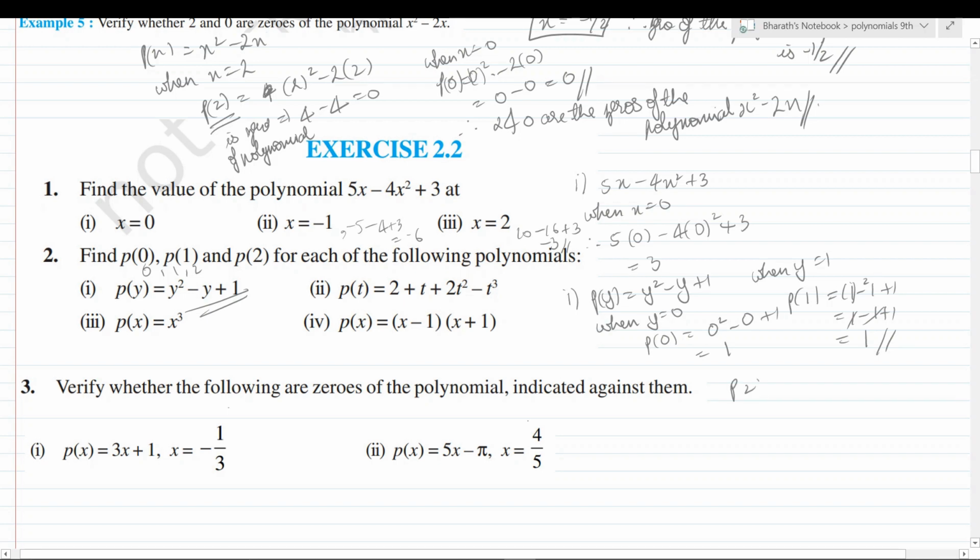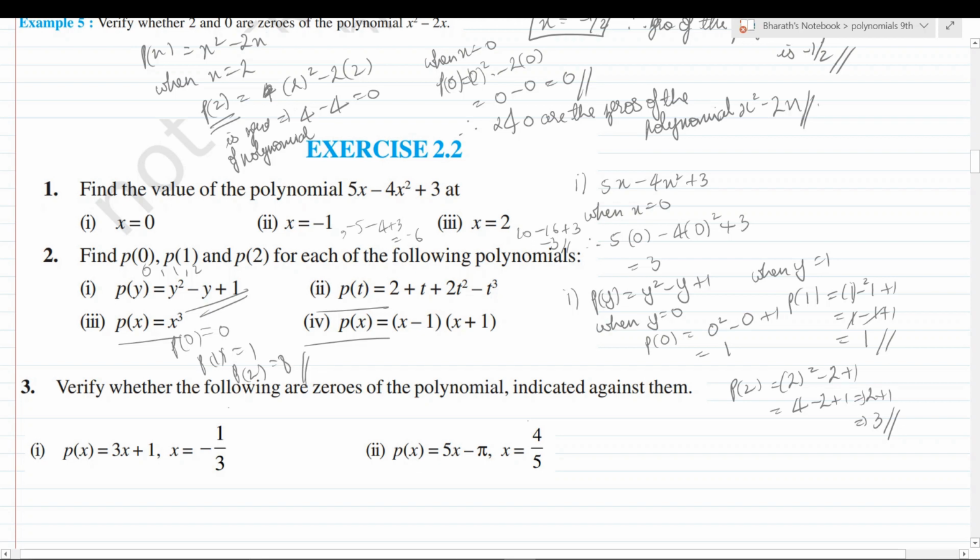Similarly, P of 2 is equal to 2 square minus 2 plus 1, which is 4 minus 2 plus 1, which is equal to 2 plus 1, 3. Same thing, do it for here and here. Here you can find it easily, it's 0 for 0, and P of 1 is 1, and P of 2 is 8.